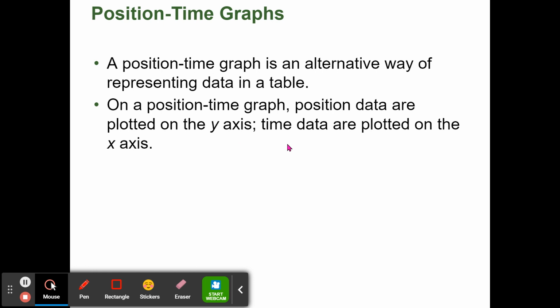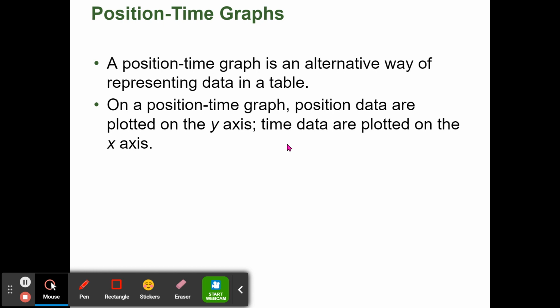So you might want to write that down, because like any x-y axis, the independent variable is going to be on the x-axis, and the dependent variable is going to be on the y-axis. Well, time is always the independent variable. Time is always the thing that we're going to choose, our time intervals, or how long we're going to let this go. So time is always going to be on the x-axis.